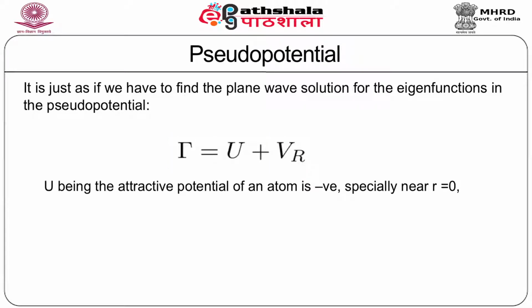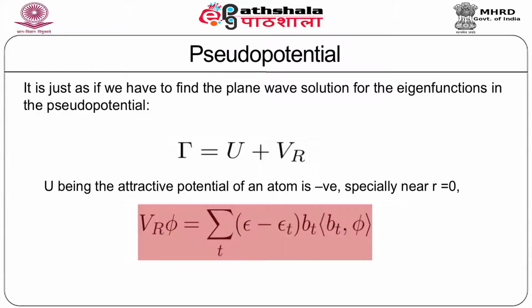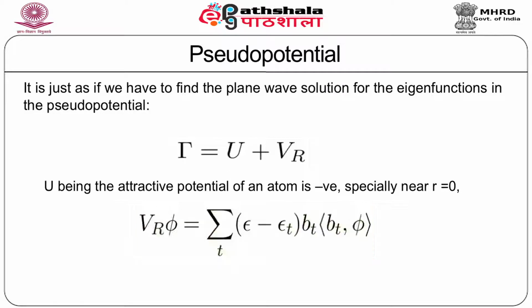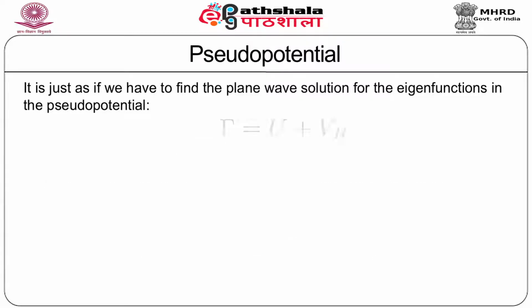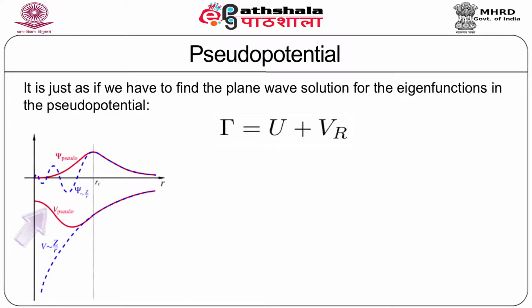U, being an attractive potential of an atom, is negative, especially near the origin where r is equal to 0, while Vr, as shown here, containing epsilon minus epsilon t and the square of the core orbitals, is a positive term. Therefore, there is some cancellation between them, reducing the value of this effective potential gamma, as shown in this figure as V pseudo.